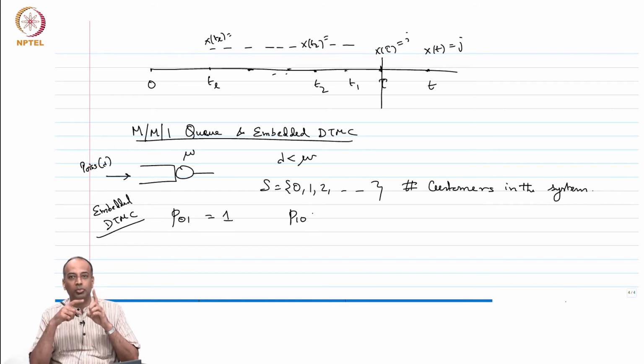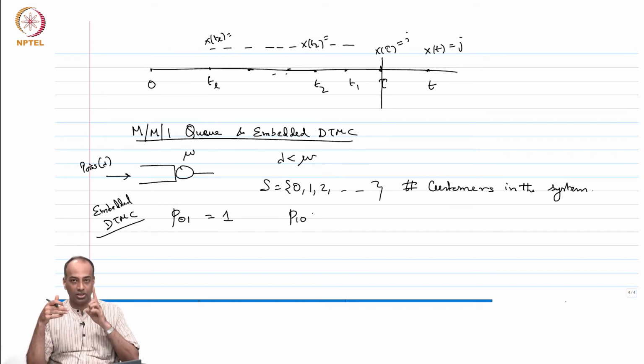What is the probability that the next transition of the embedded Markov chain, which corresponds to the evolution of the number of customers in the system, takes the system from having one customer to having no customers? This happens if the customer in service completes his service before the arrival of the next customer.